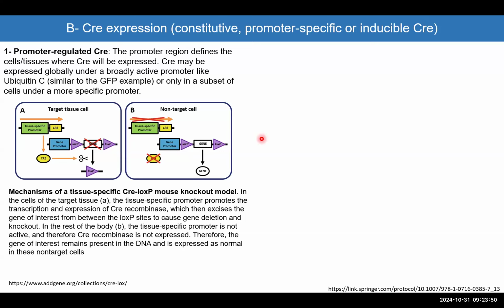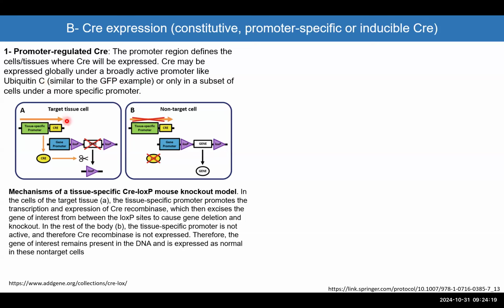So the promoter region defines in which cells or tissues the CRE can be expressed. The CRE can be expressed globally, for example. Remember the mouse that we discussed with the ubiquitin C. The GFP was expressed everywhere. So if we want to generate a mouse with a CRE in all the cell types, we can use the ubiquitin promoter.